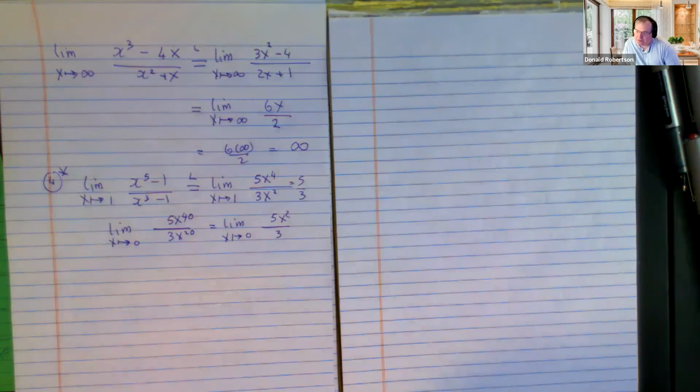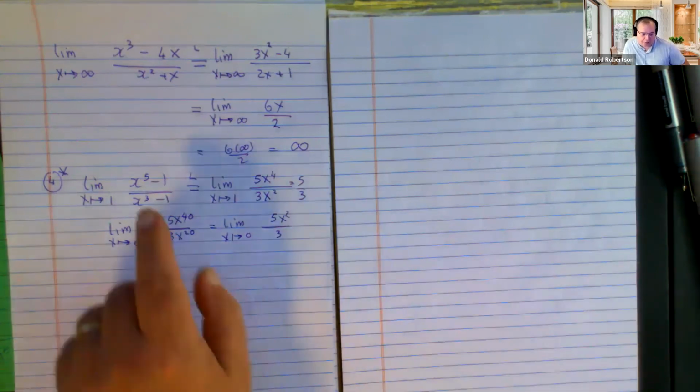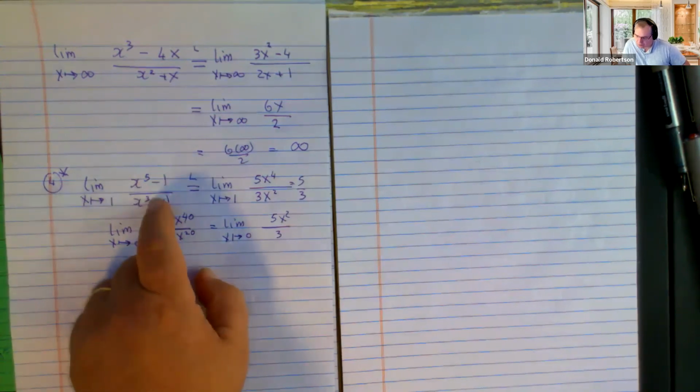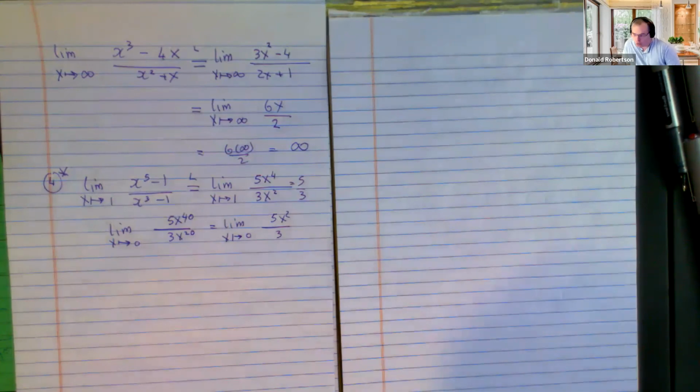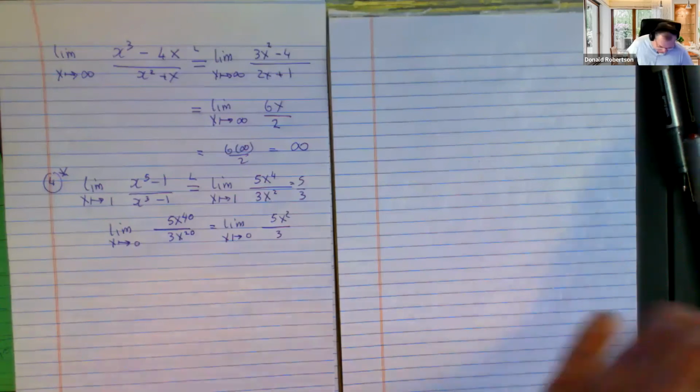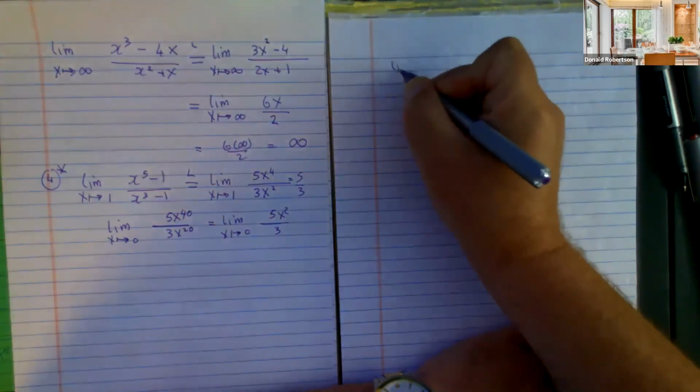So you've got to be careful. Every time you use the L'Hospital rule, the first thing you should always check is: is it indeterminate form? Because if it's not 0 over 0 or infinity over infinity, don't go near it. Whatever the answer is, L'Hospital's not the way to get it. So I'll show you an example of that.